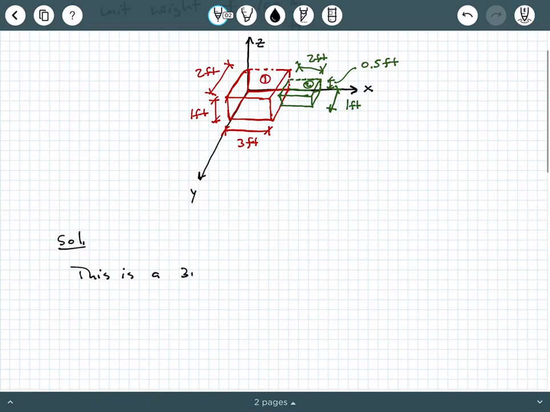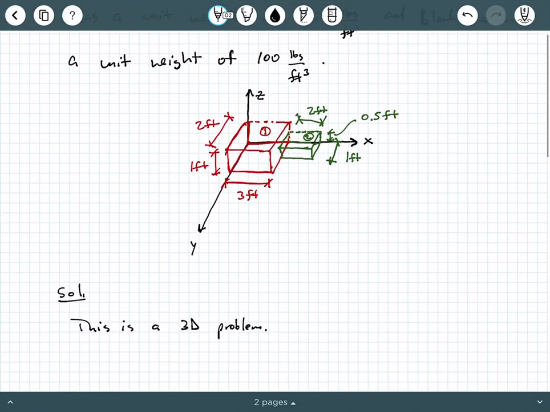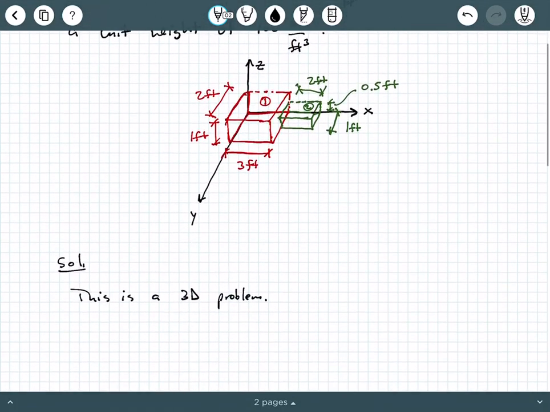Under solution, we see that this is a 3D problem. So if we want the coordinates of the center of gravity, because this is not the centroid, it's the center of gravity, and because this is a 3D problem, we need x bar, y bar, and z bar.